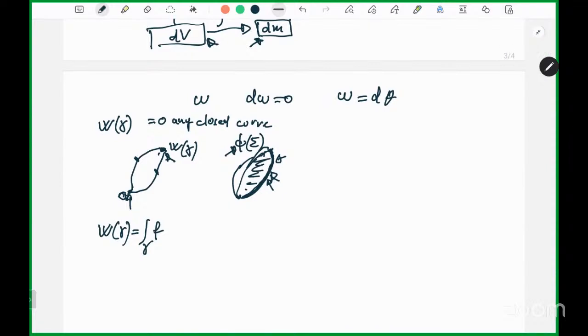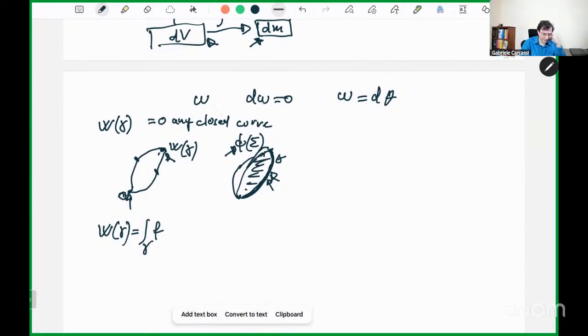But for example, in omega equals d theta, omega is a form and not like a function on a manifold or on curves on a manifold and stuff like this.